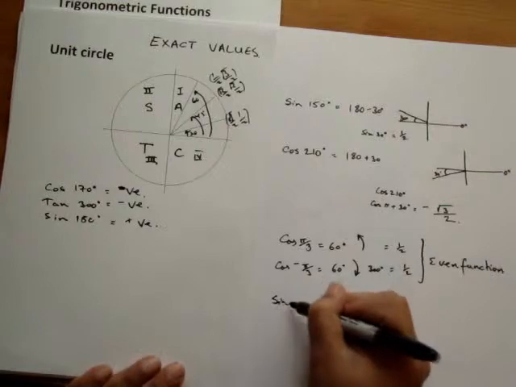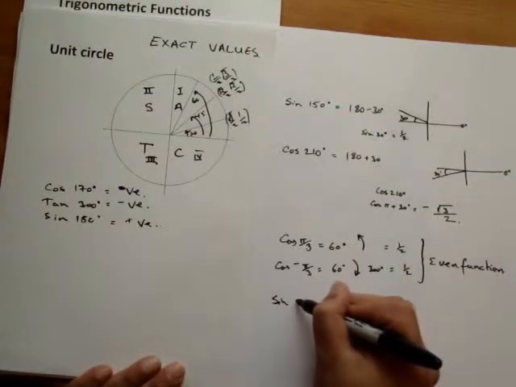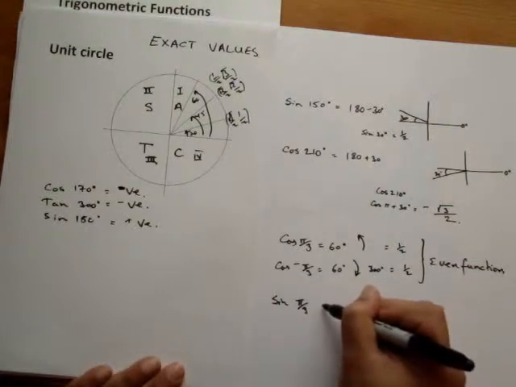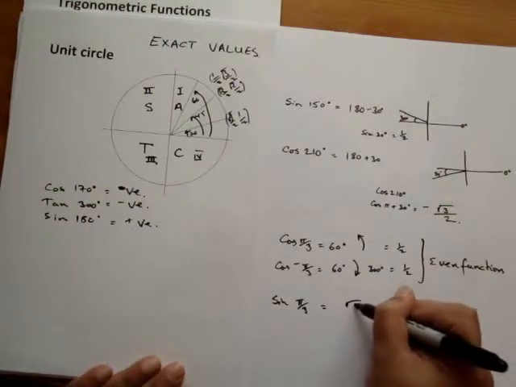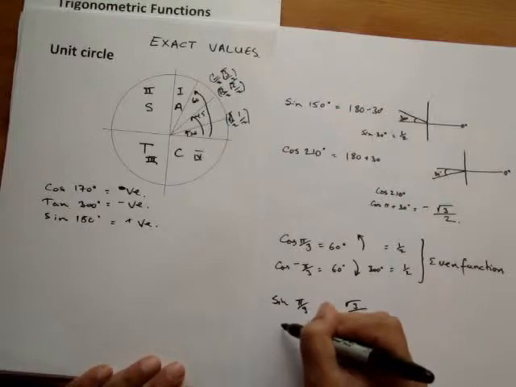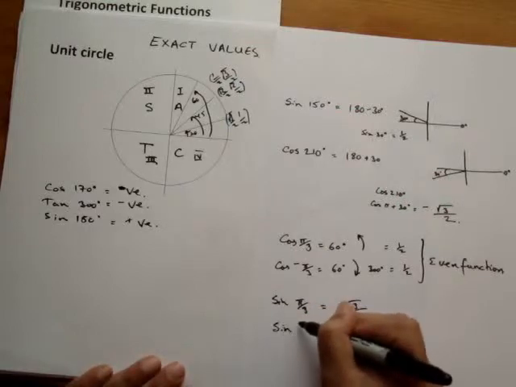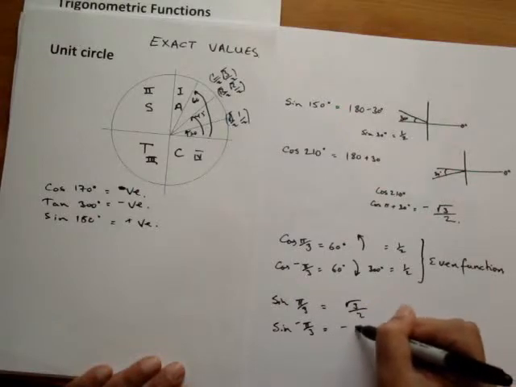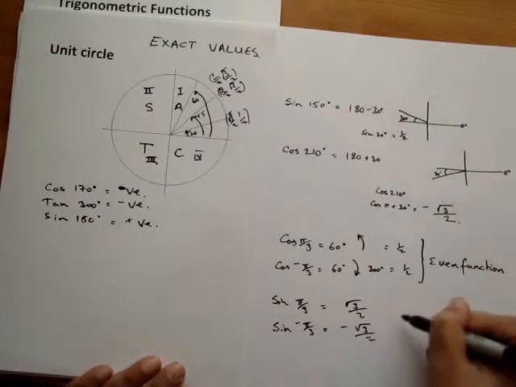If we consider sine pi over 3, this gives us square root of 3 over 2. Sine of minus pi over 3 gives us minus square root of 3 over 2.